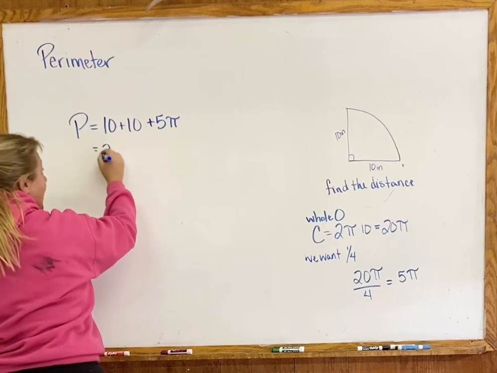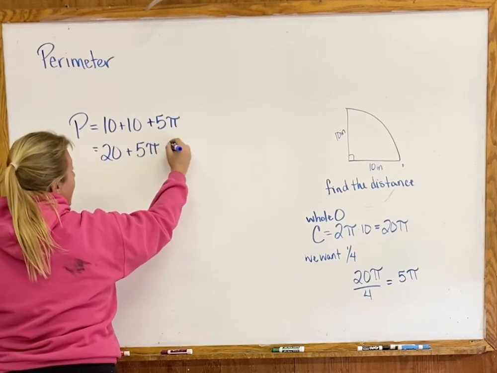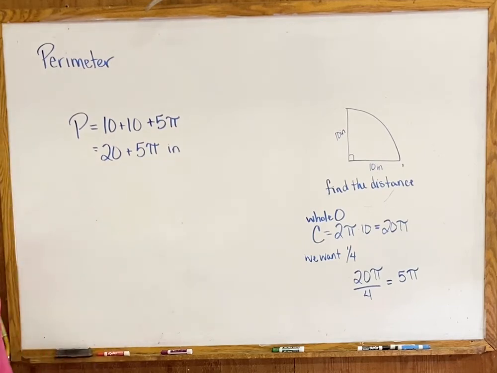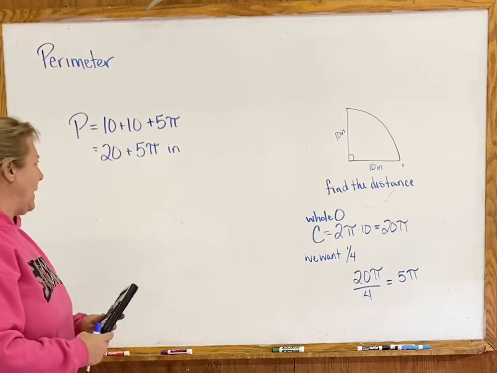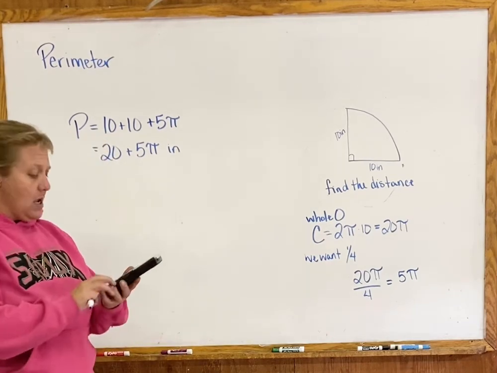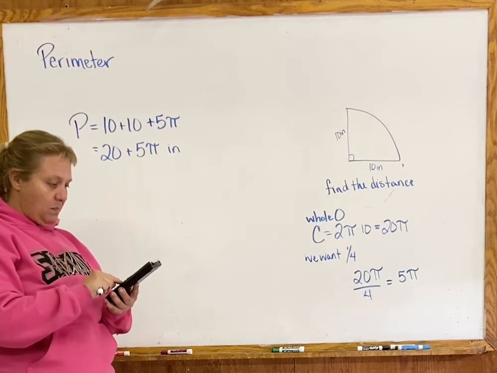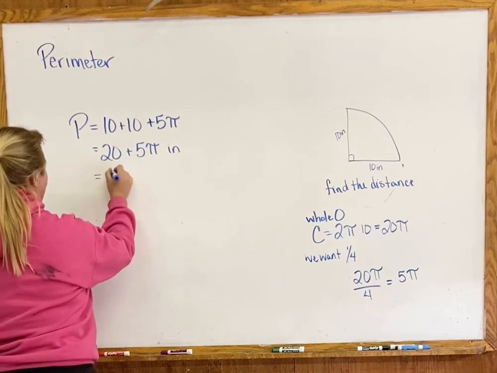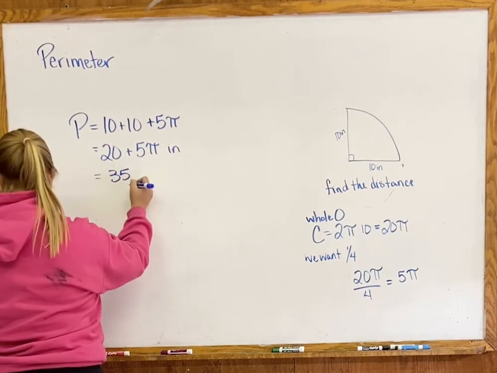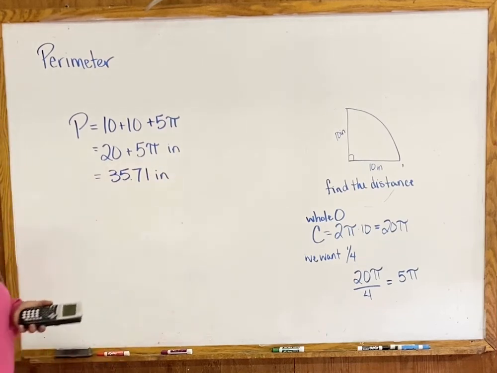So again, if I was just in math class, I would just leave it as 20 plus 5 pi inches. That's perfectly precise. Nobody needs to worry about it. But again, in the real world, people are like, I don't know what that means. So we can go 20 plus 5 times pi equals, and we get 35.71 inches.